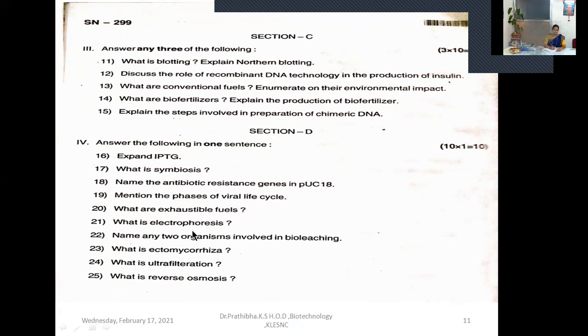What is electrophoresis? Name any two organisms involved in bioleaching. What is ectomycorrhiza? What is ultrafiltration? What is reverse osmosis? So this is all about the 2014 question paper.